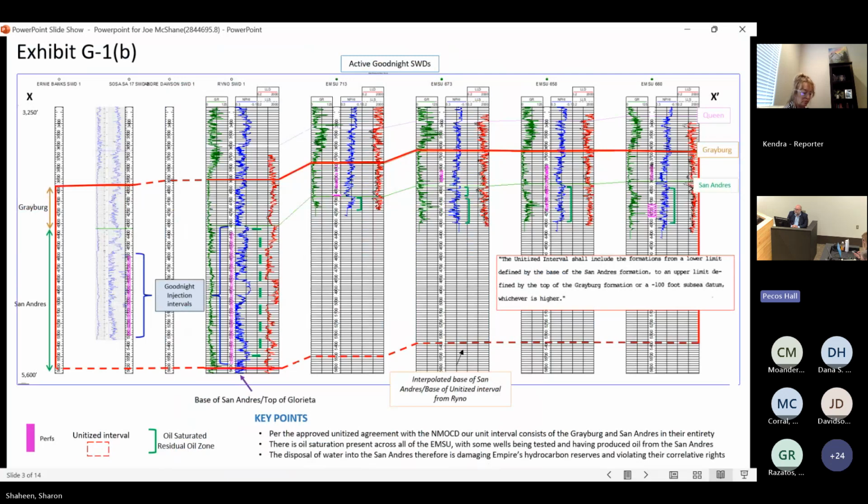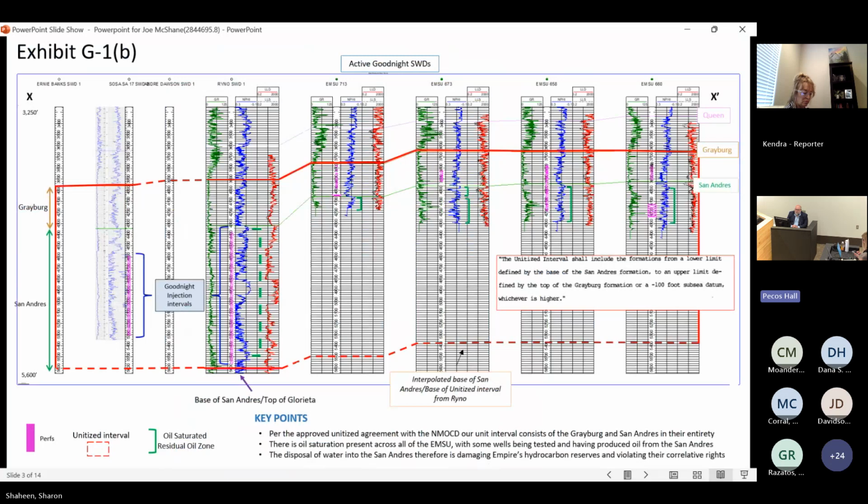Then you also see some additional producers in the EMSU, and this is a structural cross-section, so we're moving from basically the southwest to the northeast, up structure. So the solid red line and the dashed red line, what does that indicate?